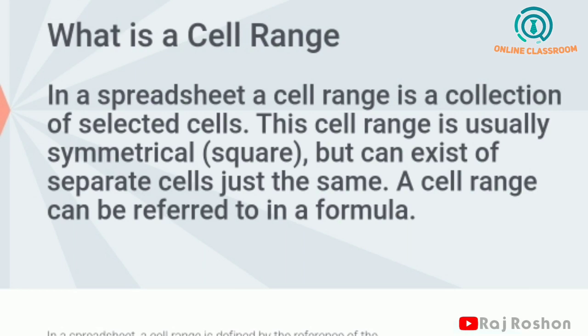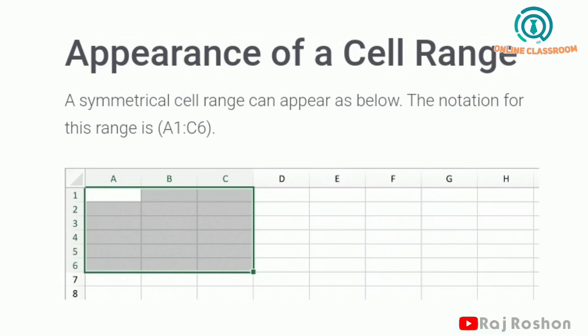So what is a cell range? This is in your book, page number 116. You can read the sentences and you can understand. When you select the cell range, it will appear in this way. It is selected from A1 to A6, and A, B, C from 1 to 6 is selected.